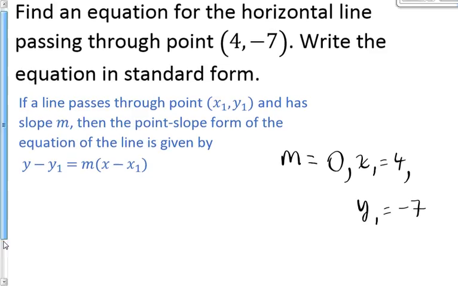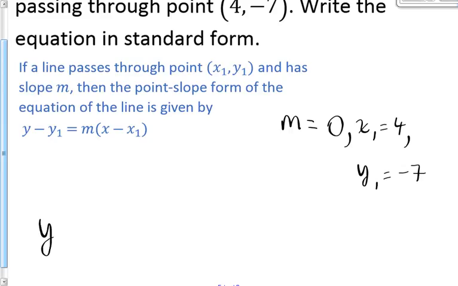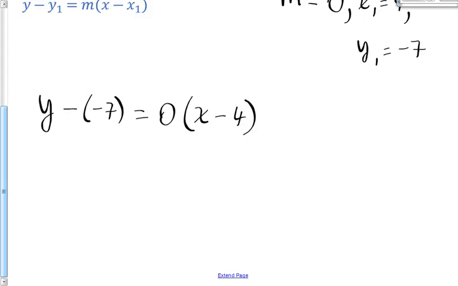It's going to be Y minus Y1, which is -7, equals M, which is 0, times X minus 4. Well, this says that Y plus 7 is equal to 0 times anything, which is just 0. So I get this equation.